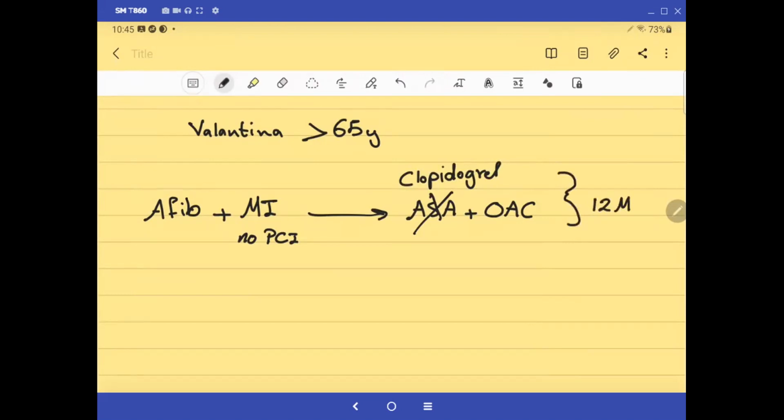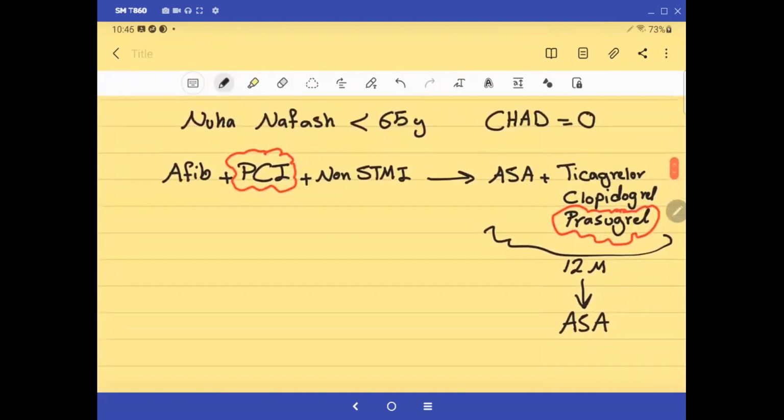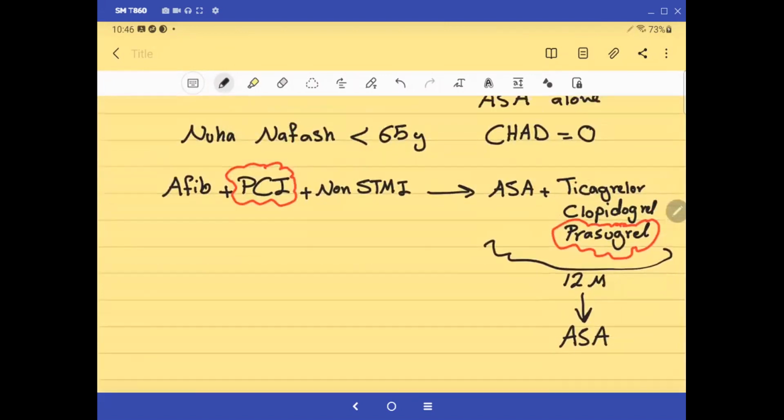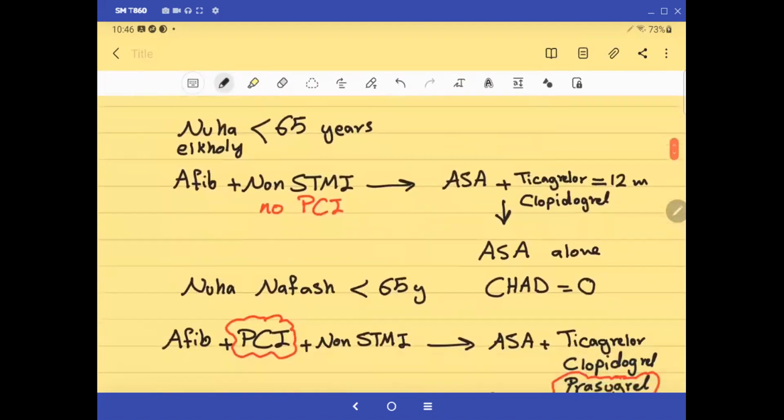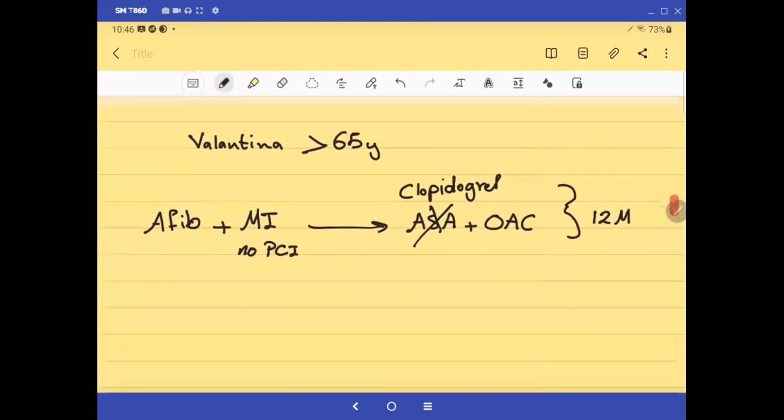We were combining clopidogrel with something else, and after 1 year, we stop clopidogrel and put the patient on the other thing. Correct? So in your case, we will take oral anticoagulant plus clopidogrel for 1 year. Then, as we used to do, stop clopidogrel and stay on oral anticoagulant. Okay?